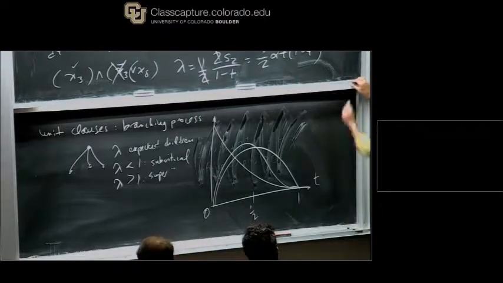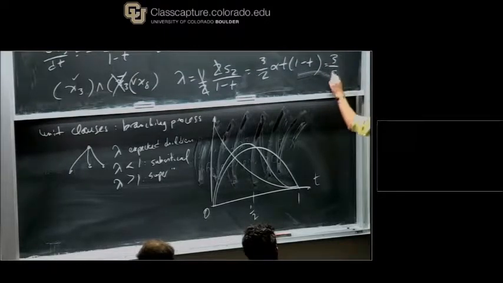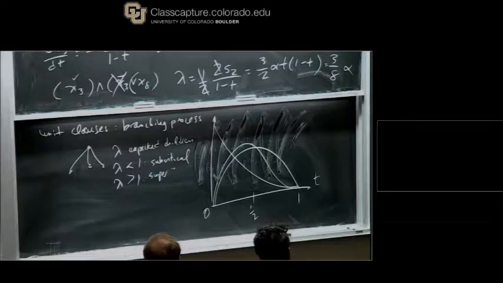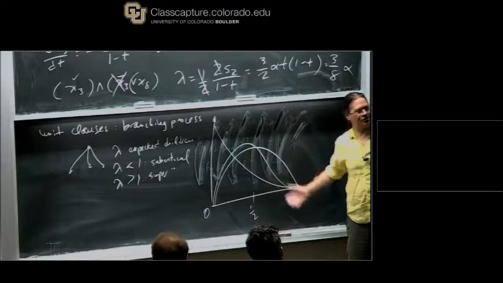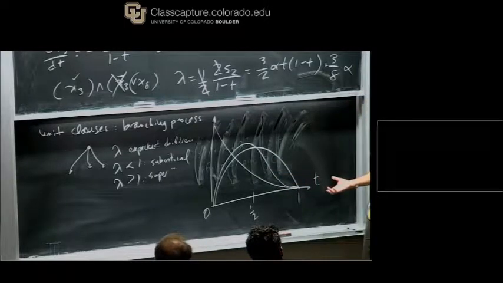At that point, this is 3/8 alpha. And so, if alpha is less than 8/3 for 3-SAT, this branching process remains subcritical throughout the course of the algorithm.